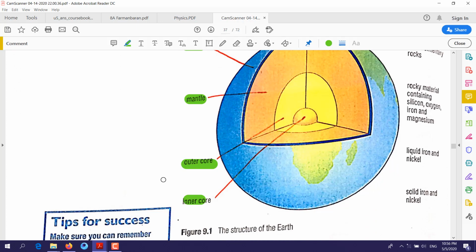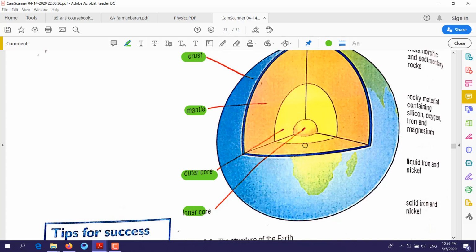Then we have the third and fourth layers. We call them the outer and inner core. This part is the outer core, and this one, the center of the Earth, is the inner core. The outer and inner core differ.